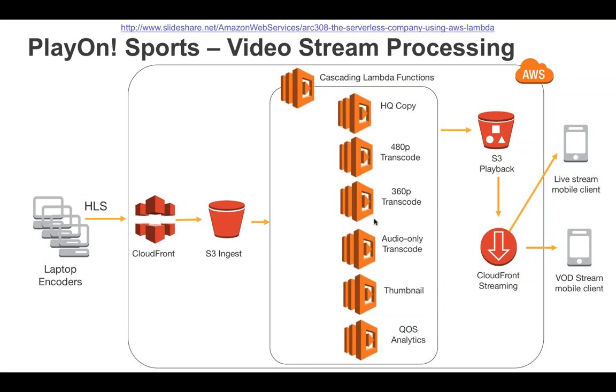So we may have a full high-def stream coming in, and then the Lambda function will get executed as it's streamed and stored in S3, and a function will transcode it, say, to 480p, to 360p, to thumbnail size, or to audio only. And then we'll store that in the S3 bucket that's used for playback.